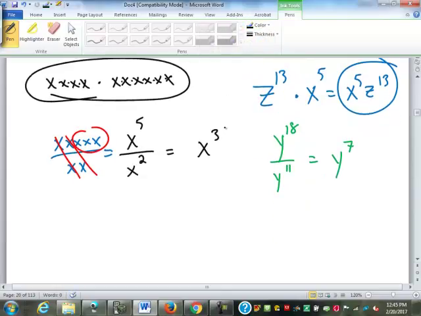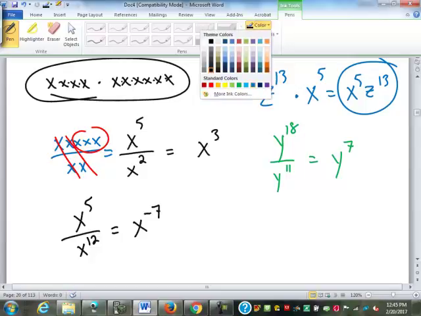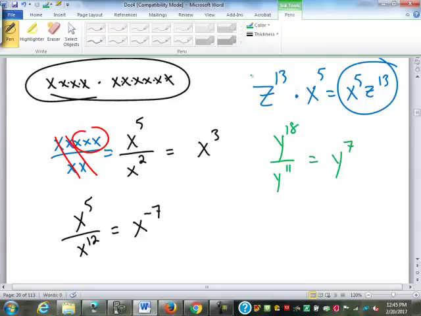Oh, good question. So what if I have x to the 5th divided by x to the 12th? What's 5 minus 12? Negative 7. What does that mean, really? X to the 5th is 5 x's multiplied together.